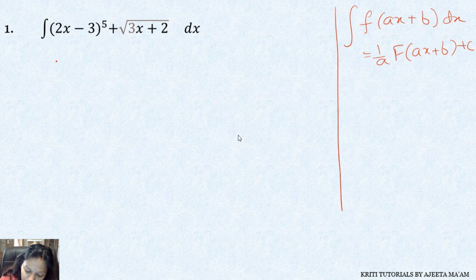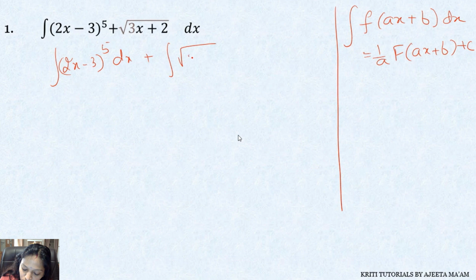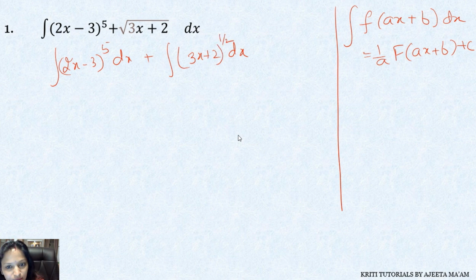First integral, I can write it like this: 2x minus 3 raised to 5 dx, and the other one I can write like this: root 3x plus 2 dx, or if I remove the root and make it a power, that will be more feasible and understandable. Now let's make it. If I use this law, what is your a? It is 2.